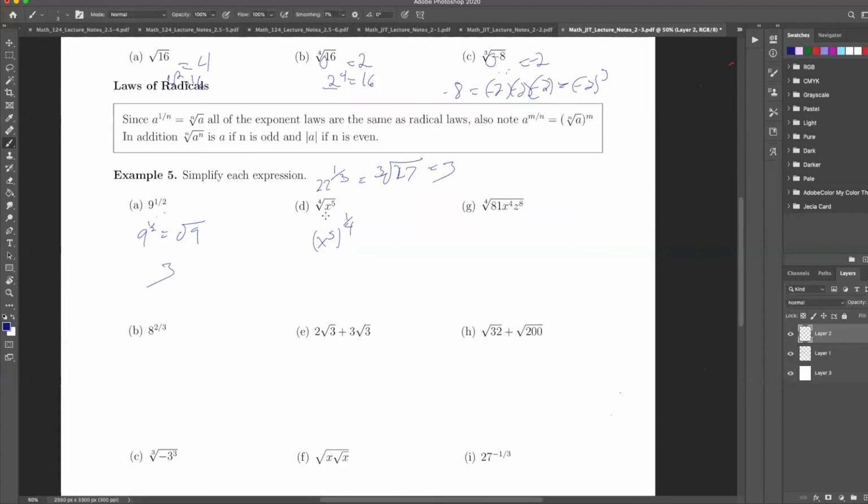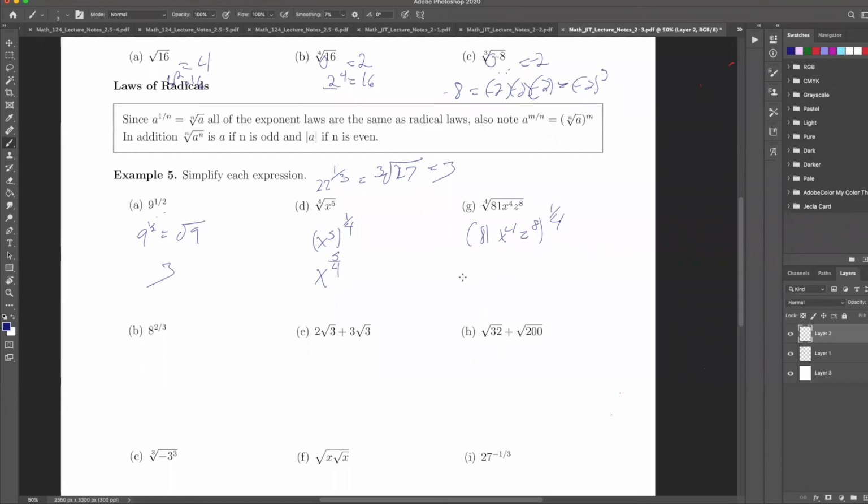Here, if I have x to the fifth, and then I take the fourth root of it, I can rewrite that as x to the fifth to the 1/4 power, and then I'm just multiplying, so this would be x to the 5/4 power. Once again, for here, if I take the fourth root, I can rewrite that as 81 x to the fourth times z to the eighth, to the 1/4 power.